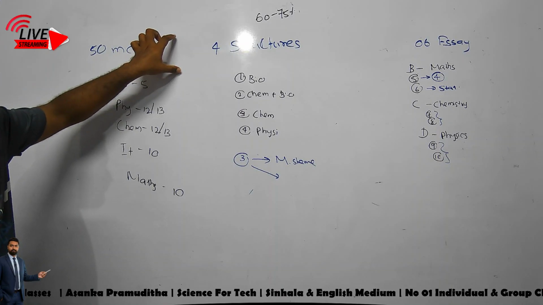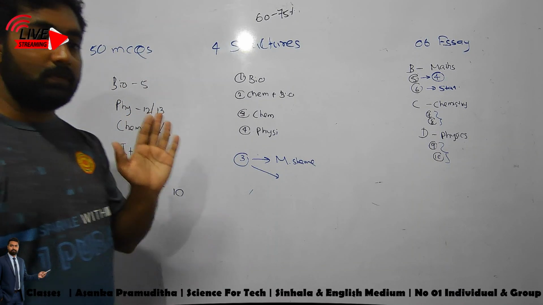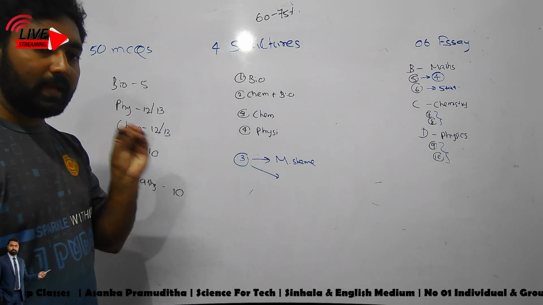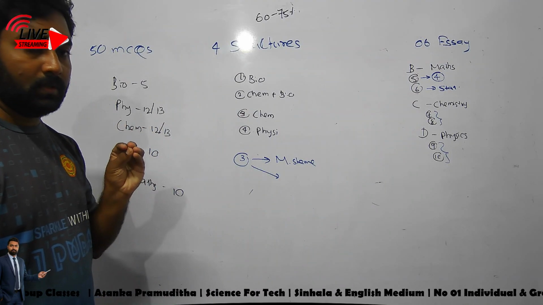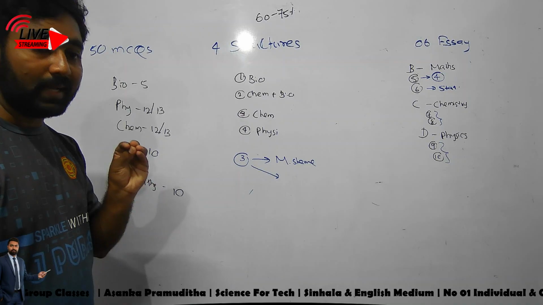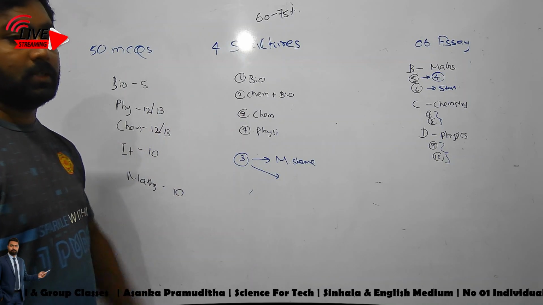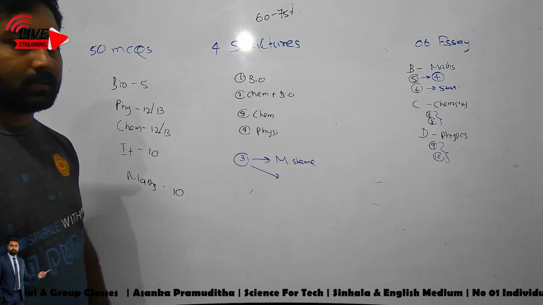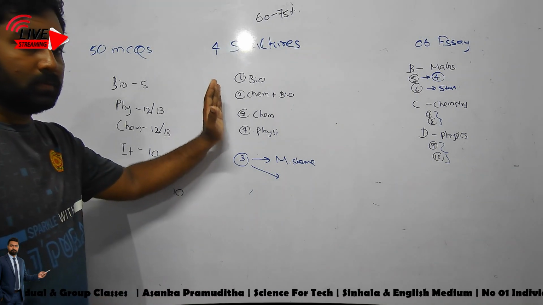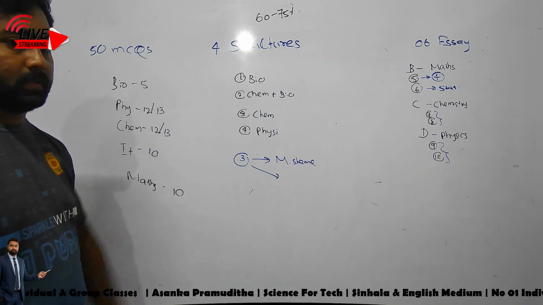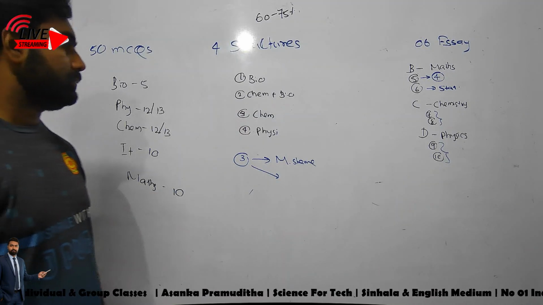The first MCQ is from this. If you did past papers with analysis, you will definitely get this point. We can guess which MCQs are going to be asked from this part. Likewise.